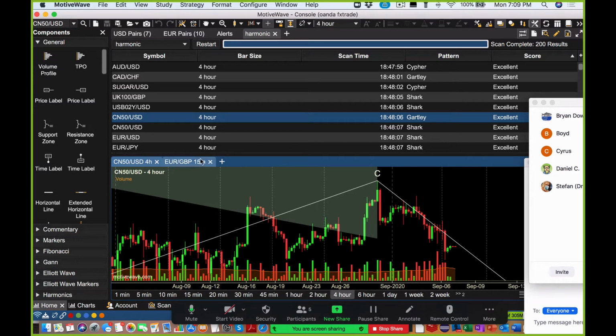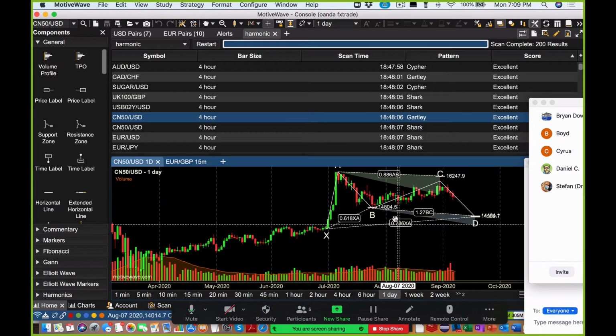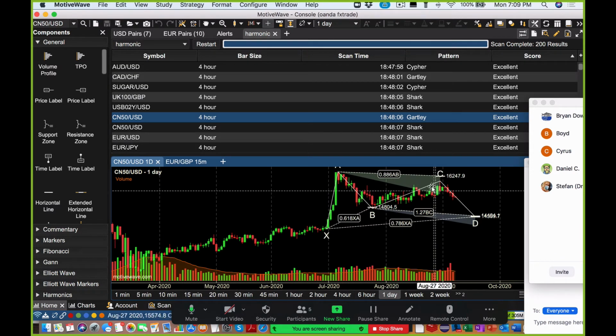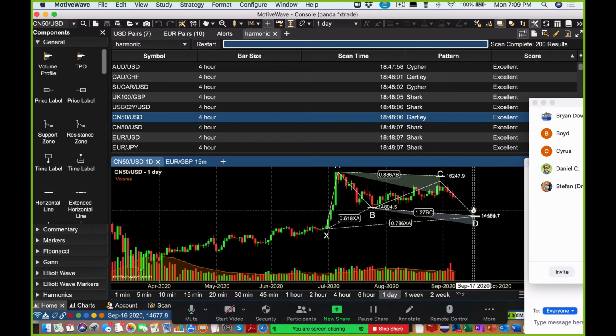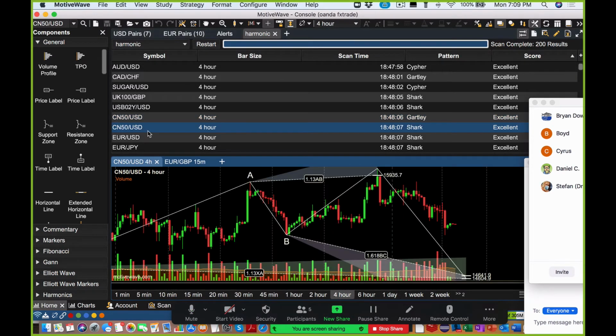But in my case, it's not the case, because obviously new cases are rising globally, around the world basically, and this is one of those shorts that would make sense and continue to move in the direction of this potential short on the CN50, which is again China.